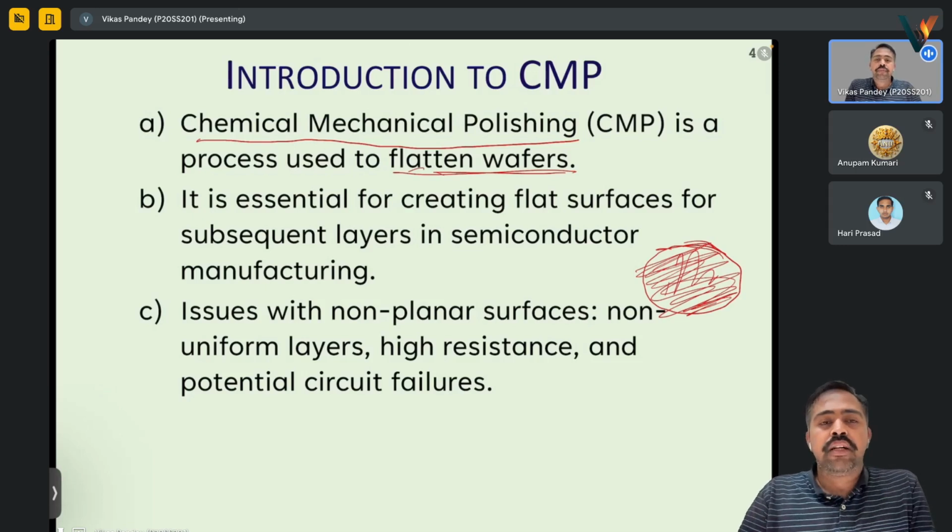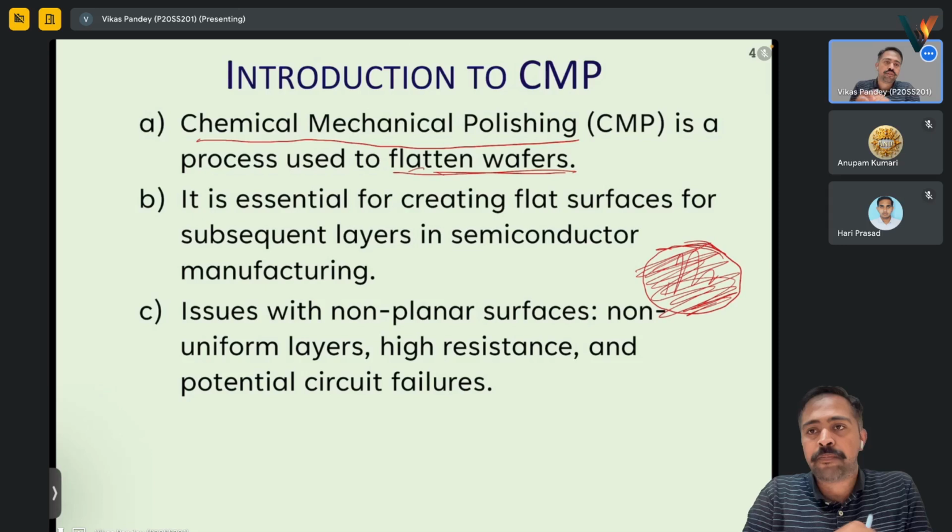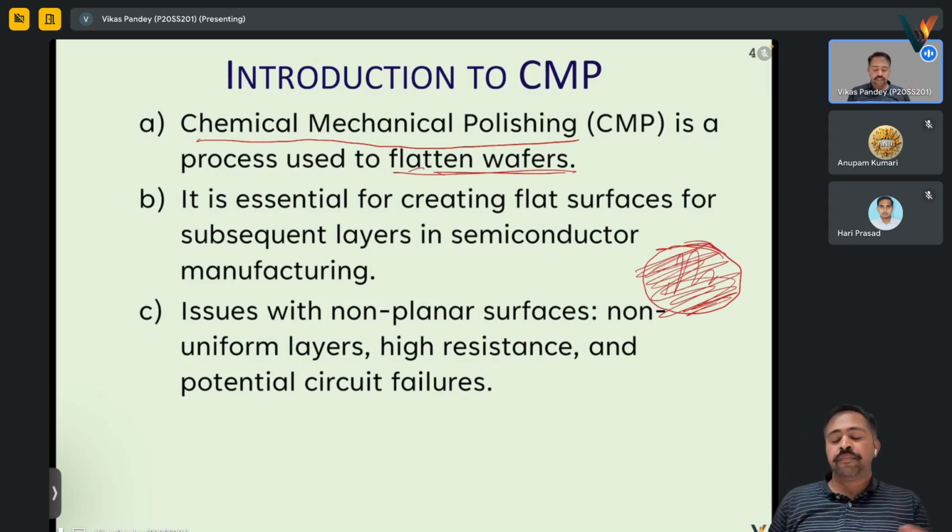That means this is a combination of a chemical as well as a mechanical process, where the polishing is just like you might have seen workers polishing steel surfaces to get the shine, as well as other mechanical works where after the surfaces are cleaned, they are polished. A similar process has to be done.